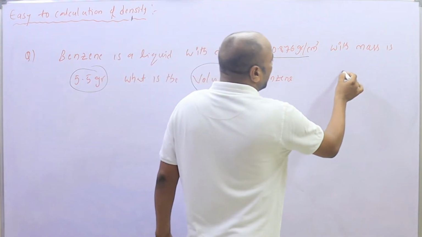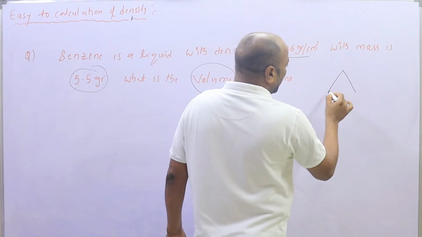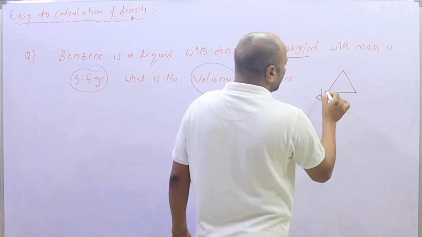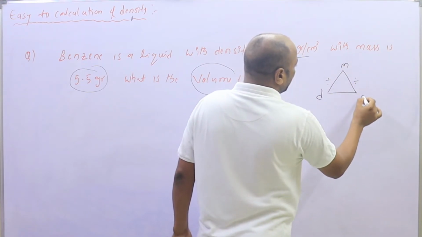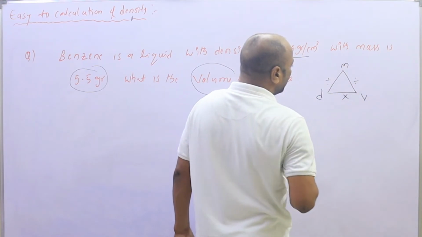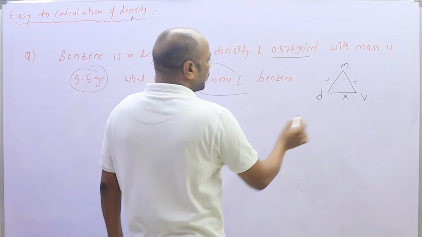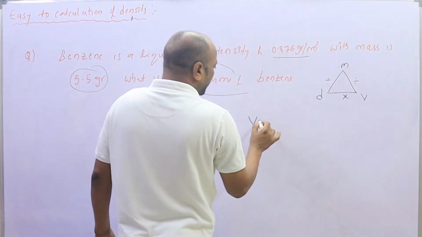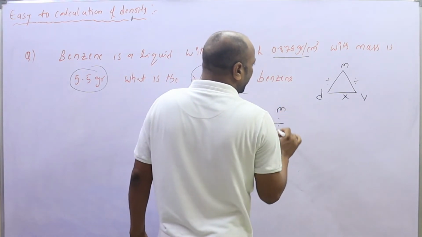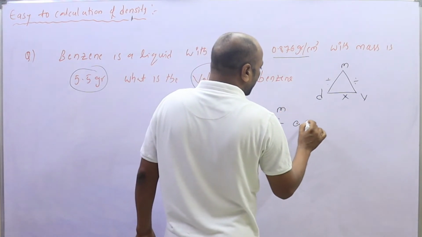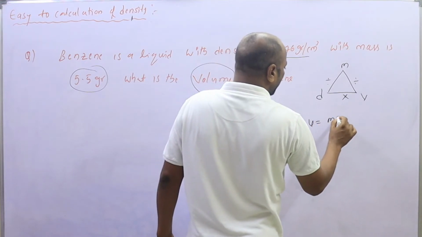So for the formula, the density, mass, and volume are related. You can find out volume: V is equal to mass divided by density, or volume is equal to mass by density.